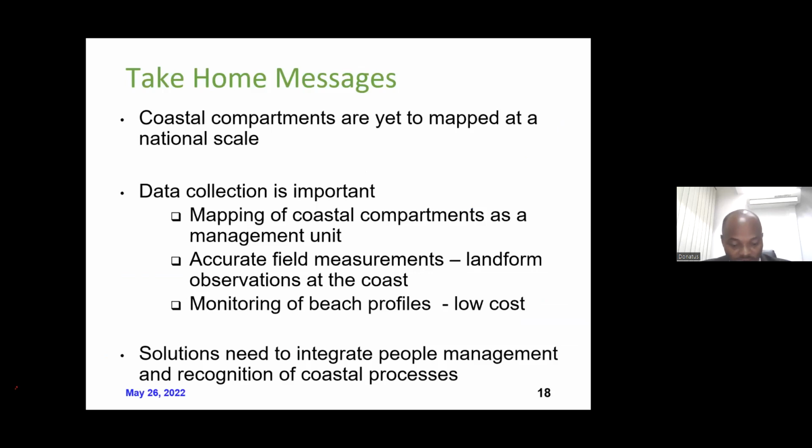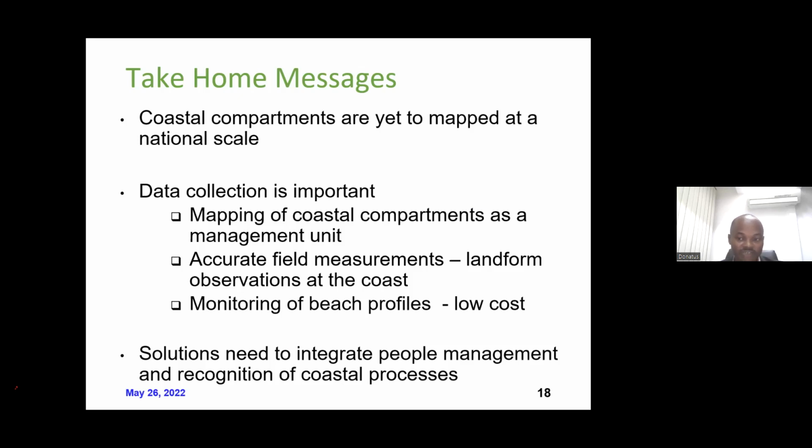Okay, I will conclude by saying that there are various approaches mentioned today throughout the presentations to consider for coastal management. What I will stress is that we have to emphasize the human management aspect. We have to emphasize what we, the humans, are doing in managing the coastline.